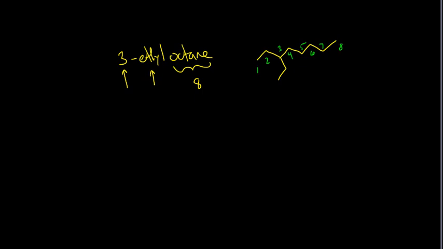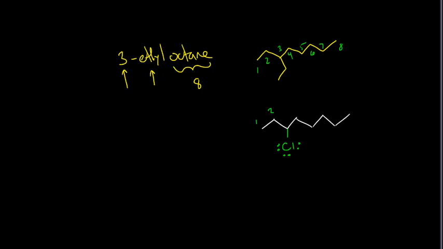Okay, so let's think about this same parent chain. We have 1, 2, 3, 4, 5, 6, 7, 8 carbons. But on the third carbon, instead of having an ethyl group, what if it's a chlorine heteroatom? So in this case, we use the same naming convention.